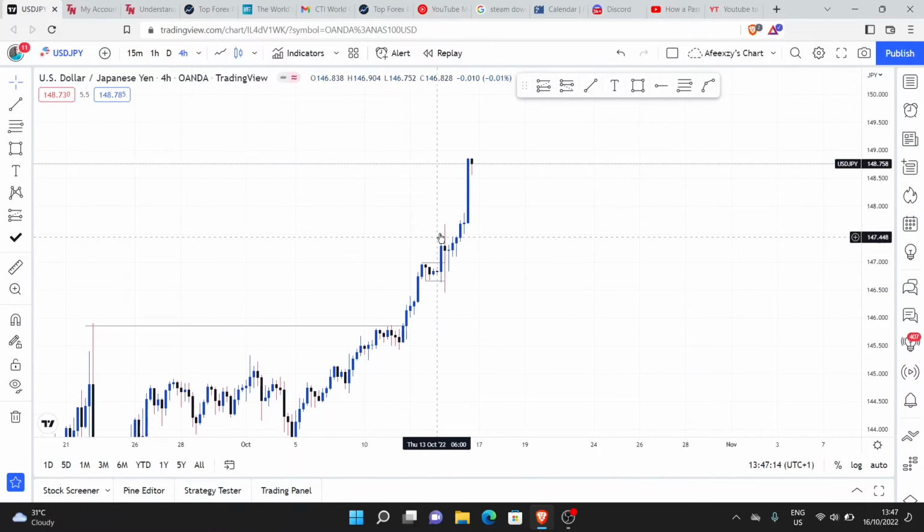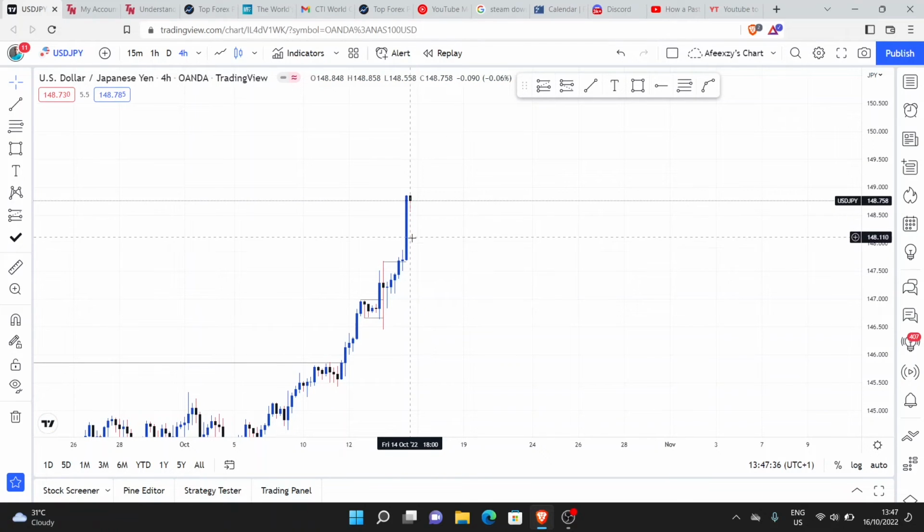It broke structure high, came back to this zone, cleared these lows here before it continued going higher. Maybe there's some kind of news that caused that, but that is what happened. And also, this is another zone to be watched. So overall on USDJPY, we should anticipate more upside on this pair because overall we are bullish.